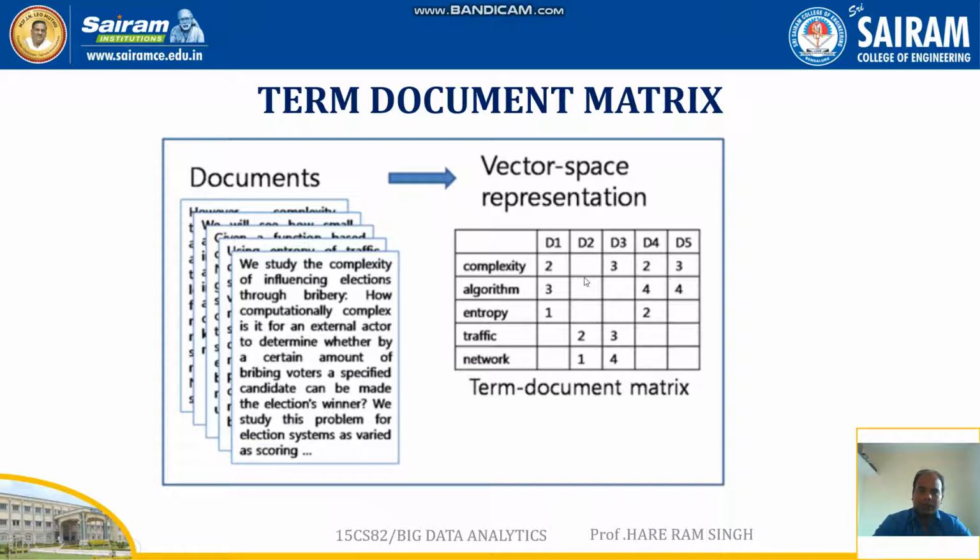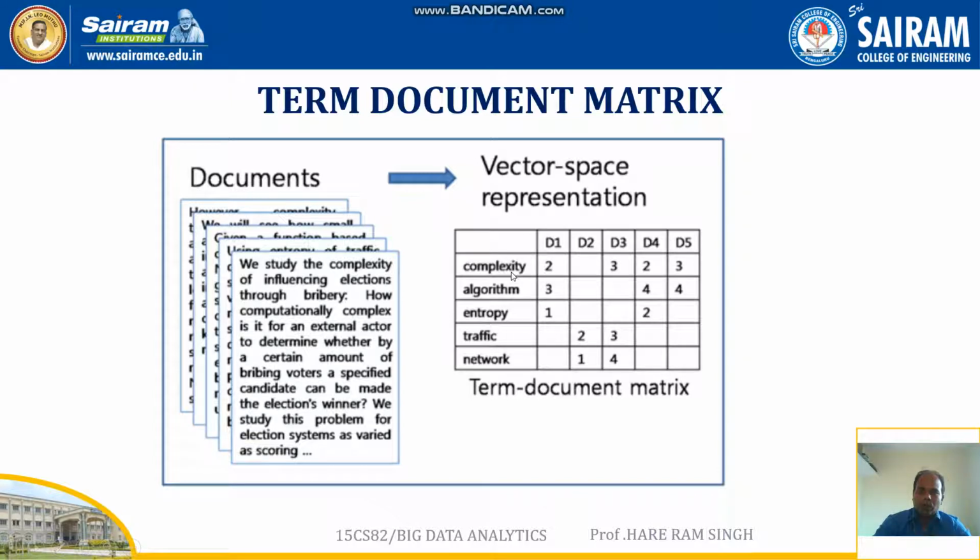We will create a matrix with columns D1, D2, D3, D4, D5 documents, and in rows the different words which have appeared in these documents, like complexity, algorithm, entropy, traffic, networks.